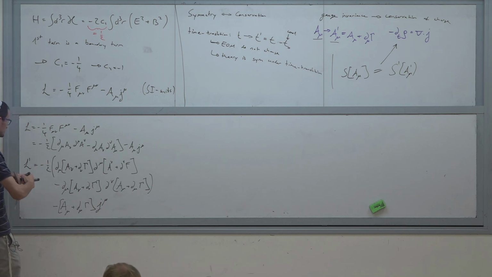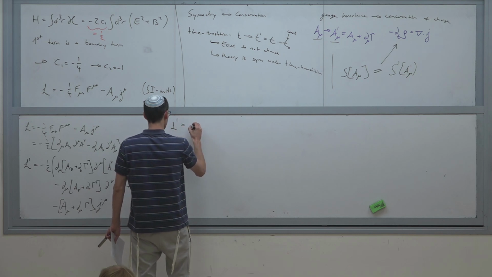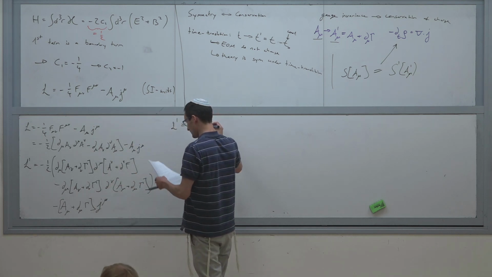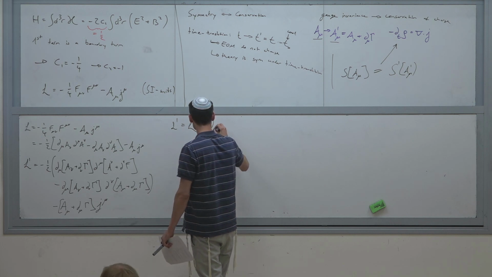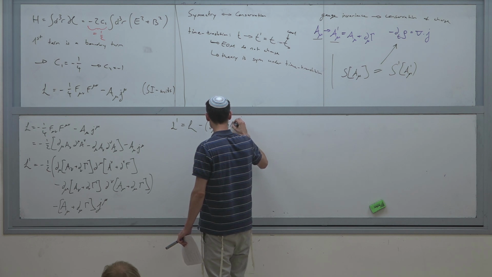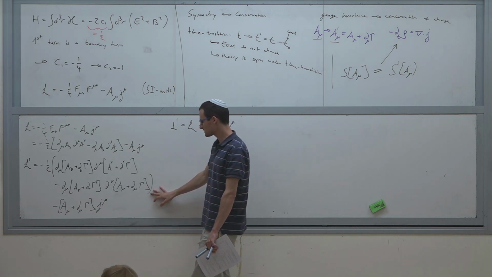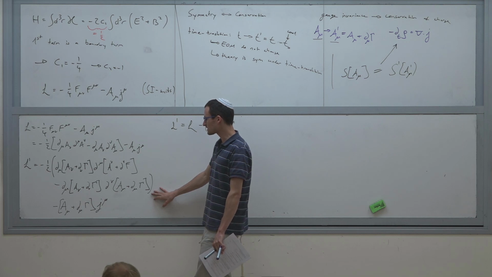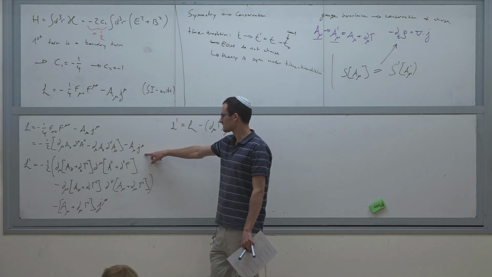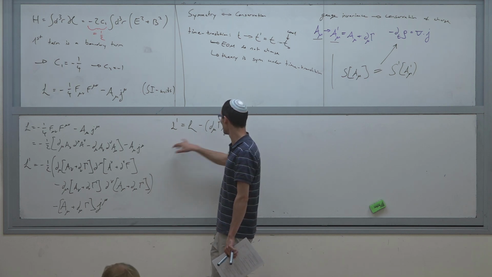Okay, I'll let you show this as an exercise at home, but basically what you can show is that L prime is equal to the original L, and there's only one small addition, which is d mu gamma times j mu. Everything else either cancels, and whatever doesn't cancel, you will find is exactly this term here. And the only term that does not cancel is this term.